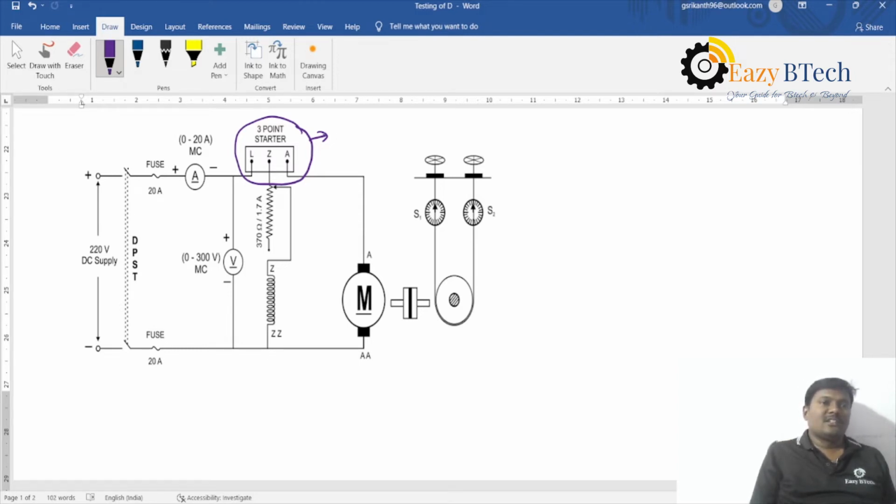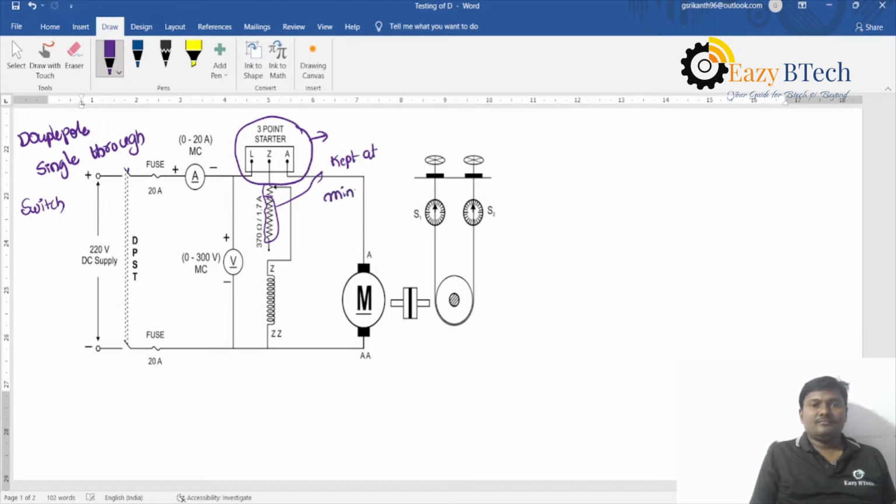In order to limit the starting current, we can use the 3-point starter. Here a DPST switch is provided, a double pole single throw switch. And this field rheostat is kept initially at minimum position.